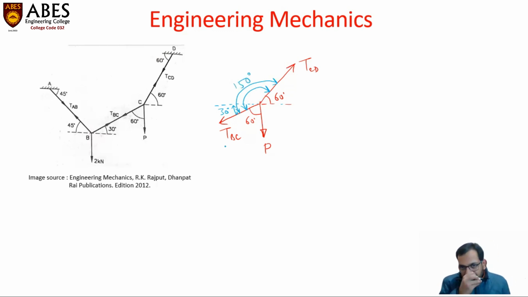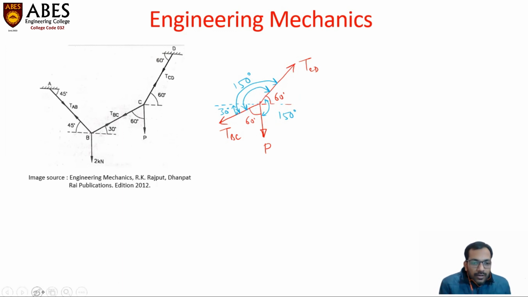Now the angle between TCD and P will be 90 plus 60, that is 150 degrees once again. And the angle between TBC and P is already given, it is 60 degrees. So now we have the intermediate angles between these forces.